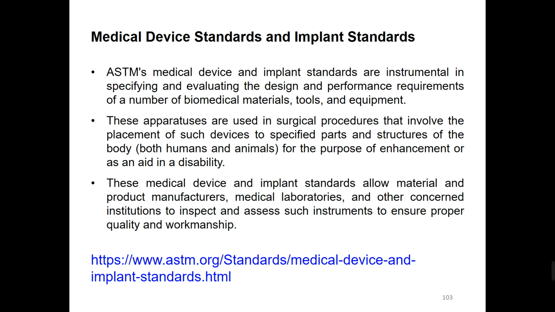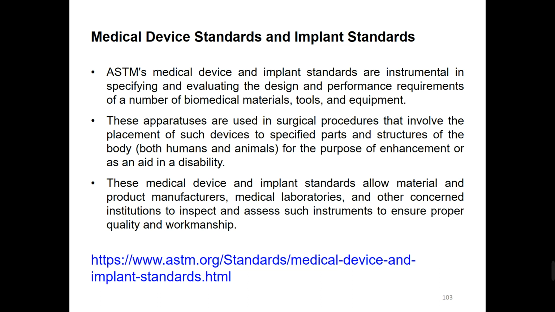They are instrumental in specifying and evaluating the design and performance requirements of a number of biomedical materials, tools, and equipment. These apparatuses are used in surgical procedures that involve the placement of such devices to specified parts and structures of the body, both humans and animals, for the purpose of enhancement or as an aid in a disability.